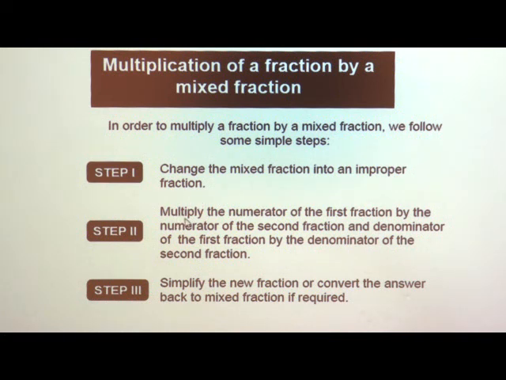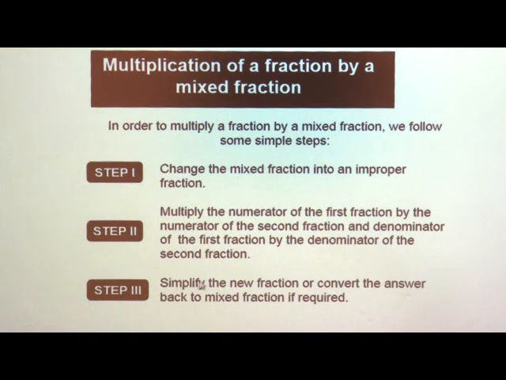Next step, multiply the numerator of the first fraction by the numerator of the second fraction and the denominator of the first fraction by the denominator of the second fraction. Same as we saw in the previous sum, we have to multiply both the numerators, and in simple words multiply both the denominators and find out the fraction.